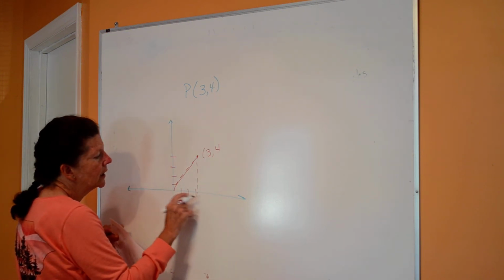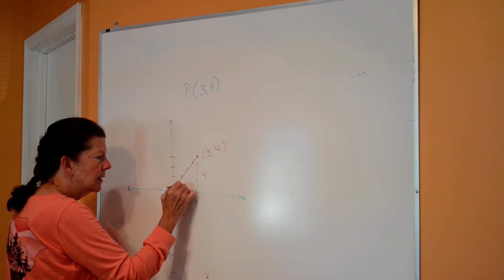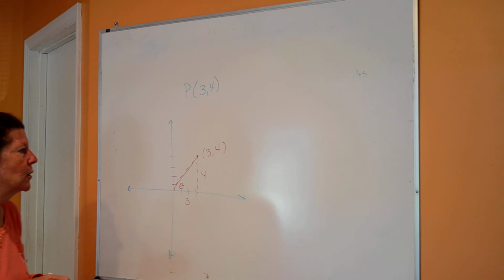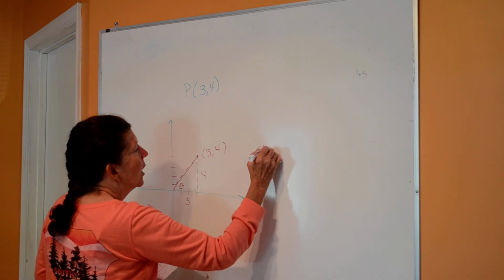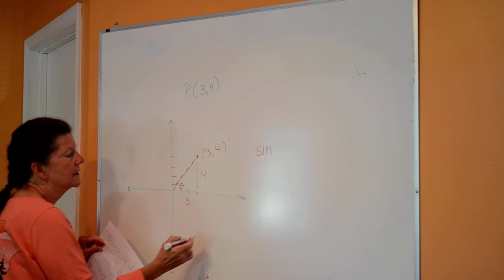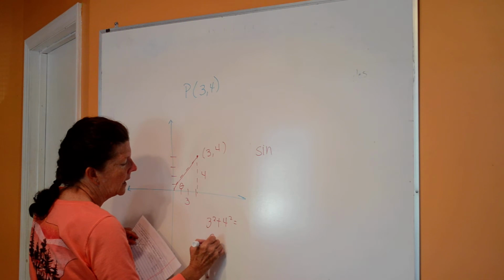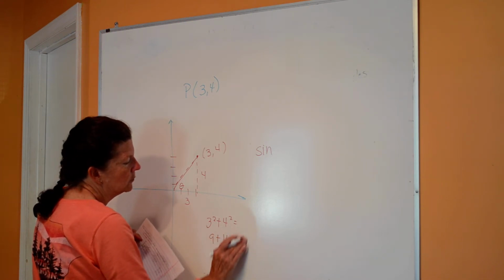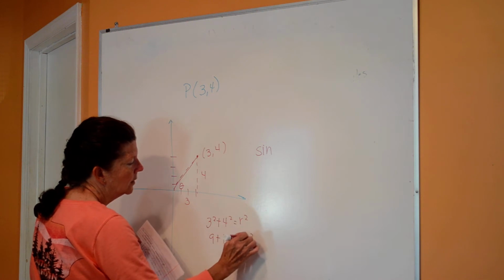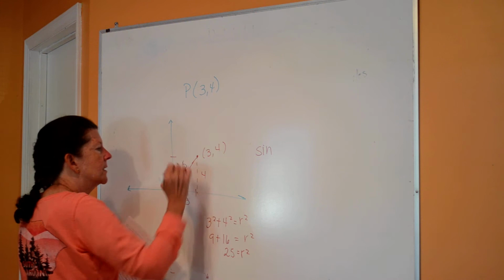All right, I know that I went over 3 and I went up 4. Your theta is always going to be right there at the origin. Actually first I have to figure out r. So I have 3 squared plus 4 squared, that's going to give me 9 plus 16. So that's going to be equal to my r squared. So 25 is equal to r squared, or r is equal to 5.